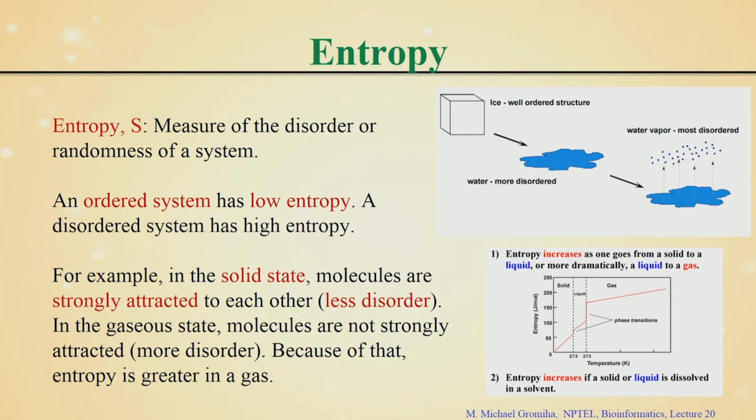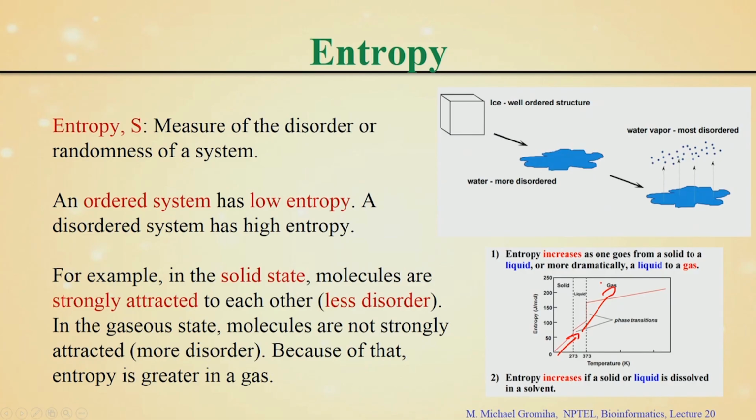In the case of ice, what is more random or less disordered? It is less disordered, it is more ordered. So, the entropy is less, and compared to it, the entropy increases in water, and water vapor is mostly disordered. The difference from solid to liquid and liquid to gaseous state is very large, highly disordered from the liquid to the gas state.